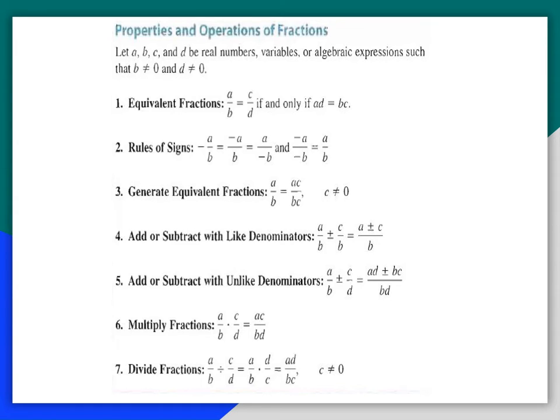Number 4, in order to add or subtract fractions with like denominators, we simply keep the denominator and add or subtract the numerators. If we need to add or subtract with unlike denominators, we need to obtain a common denominator, and we do that by multiplying the two denominators together.